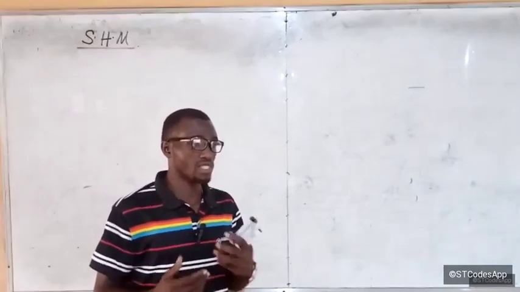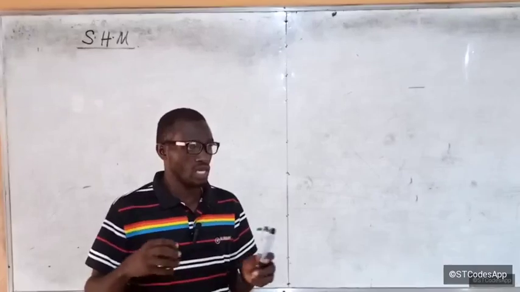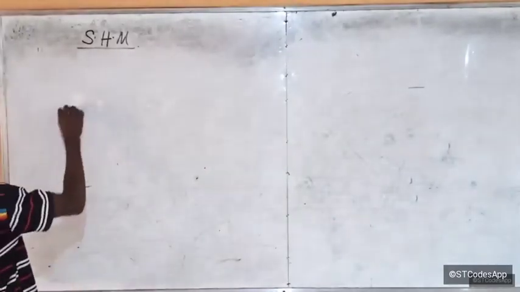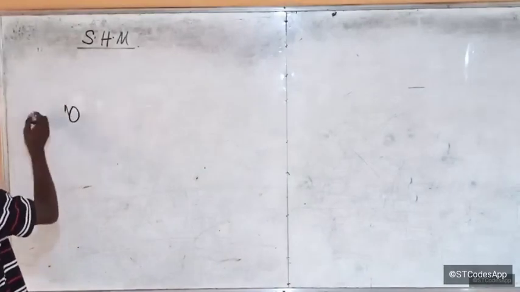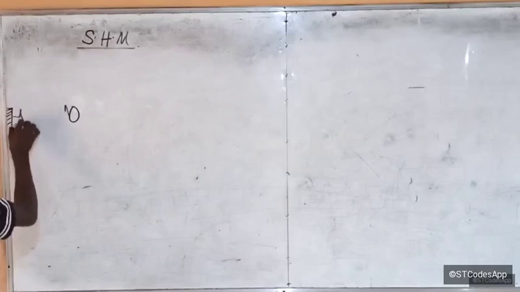For example, physicists often describe the motion of a body that is attached to a spring. You understand? So if a ball, for example, is on a horizontal surface, usually that's the way it's described in physics.